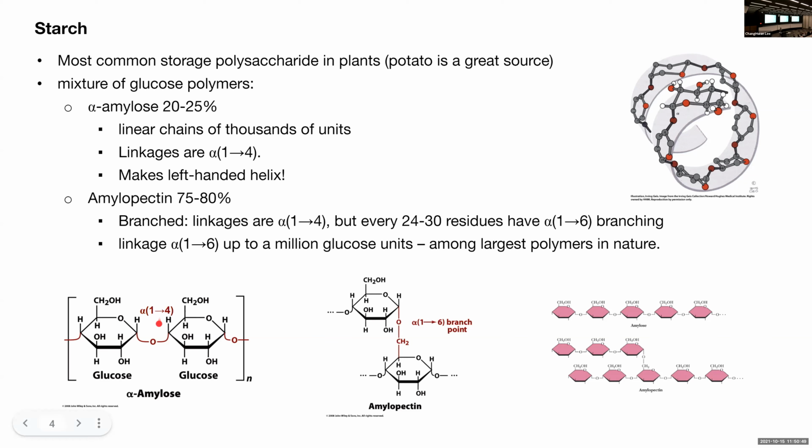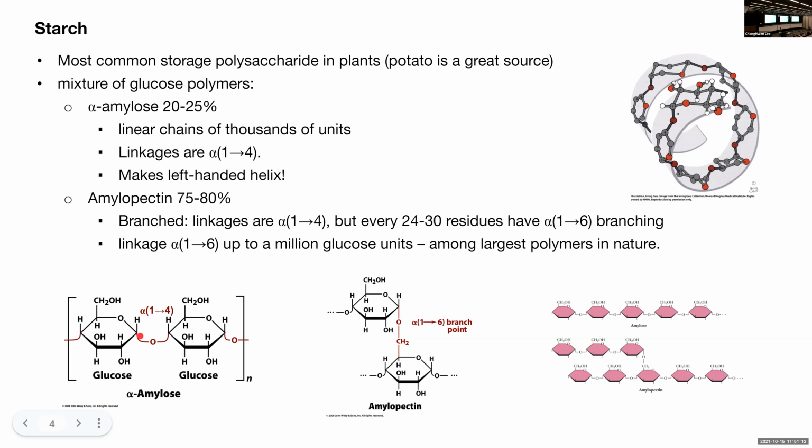So whether this OH, the hydroxyl, is pointing down or up from the sugar plane, right? Since this OH is pointing in the opposite direction from this exocyclic carbon, you call it alpha. We talked about this last time.